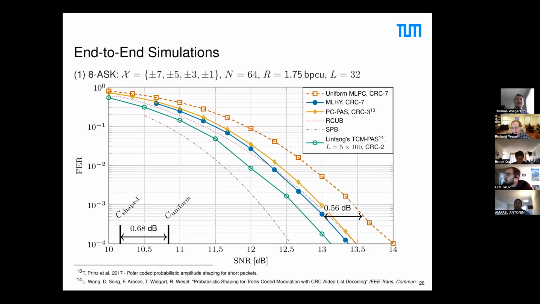This is connected to what Thomas and I were discussing earlier. So the CRC is used to tell you whether or not your code word is in a list of possible valid code words. But in these schemes, there's this other module, the distribution matcher. And when you decode a code word, it may not be a valid code word according to the distribution matcher.